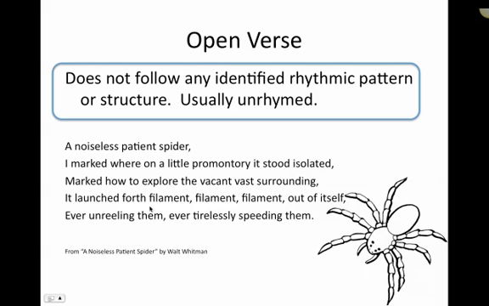It launched forth, meaning it jumped forward, and filament is the web of the spider that the spider is sort of pushing out of itself, the thread of the web, and ever unreeling them, ever tirelessly speeding them. So he's basically unreeling the web and going fast to make its web. And that's kind of what they're talking about here.